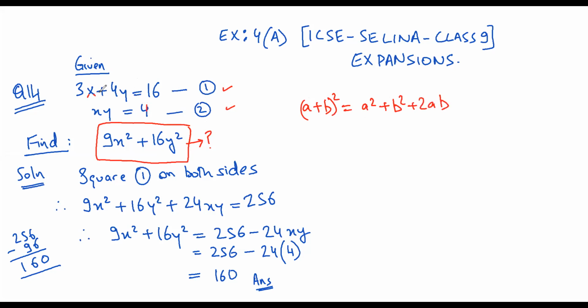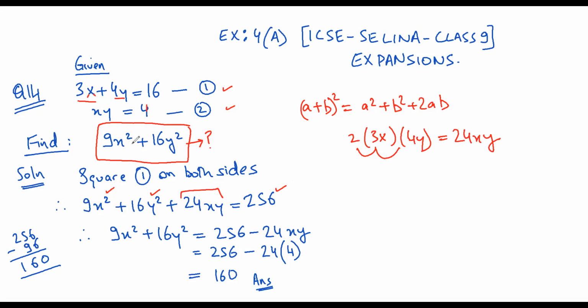This will become 9x square plus 16y square plus twice of 3x into 4y, which is 24xy, and that is why 24xy is written here, and 16 square is 256. Any doubt, Mr. Rudra? No, sir.